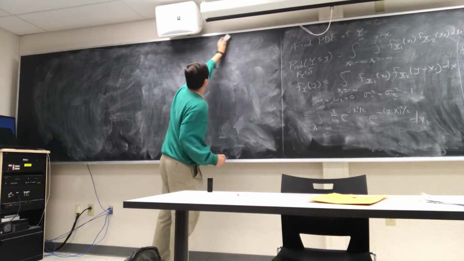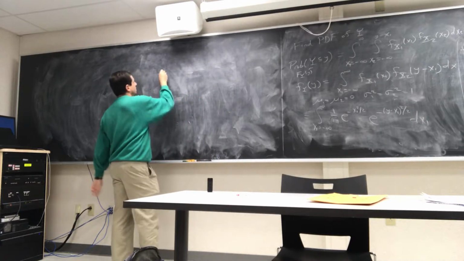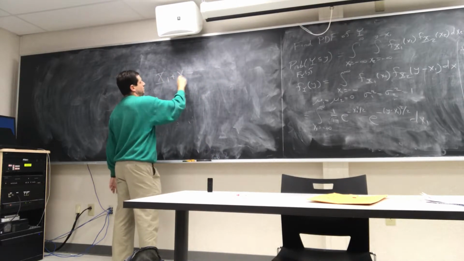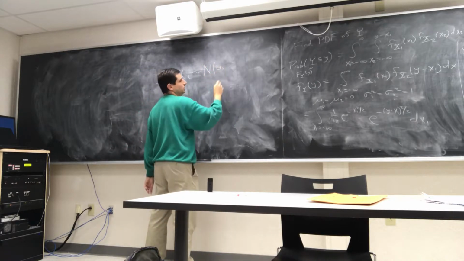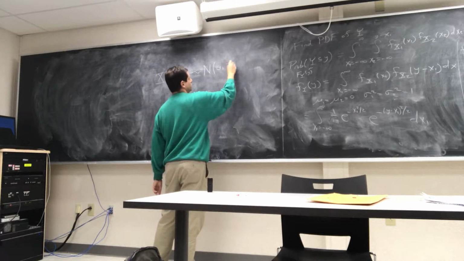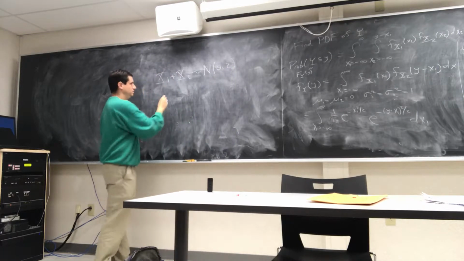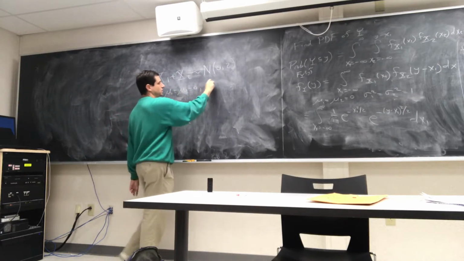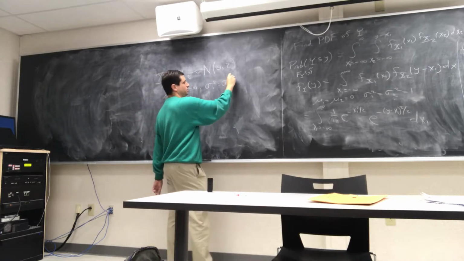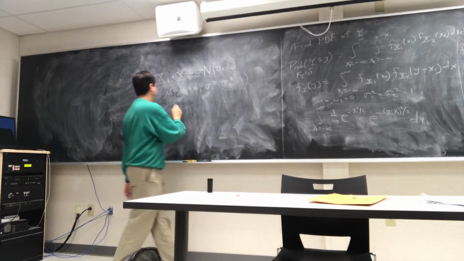So we get that x1 plus x2 is a normal with mean 0 and variance 2. And this was the case where mu1 equals mu2 equals 0, sigma 1 squared equals sigma 2 squared equals 1.